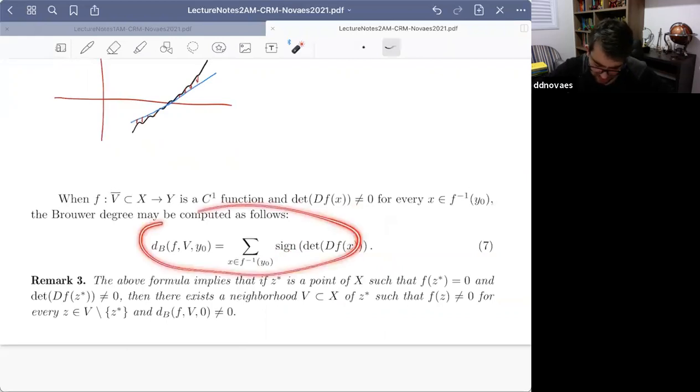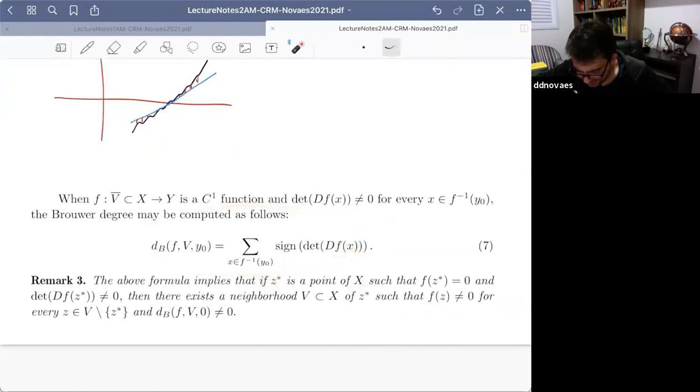This formula implies that if z star is a point in X such that f of z star is equal to 0, and this determinant is distinct from 0, then the function f can be seen as locally a diffeomorphism. It's a local diffeomorphism. Then this 0 is an isolated 0 of f.